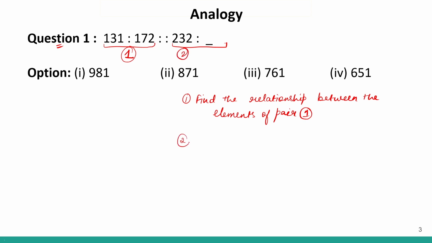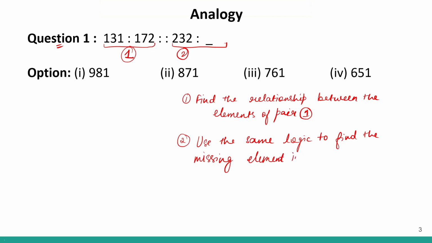And then second is to use the same logic or same pattern to find the missing element in pair 2. Correct? These are the two steps by which we solve questions on analogy.